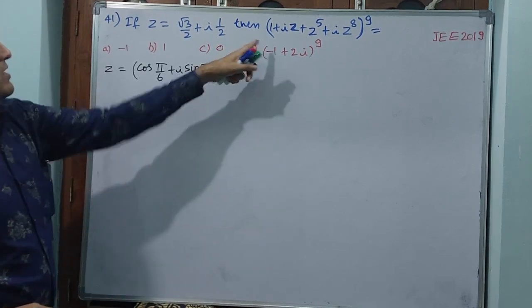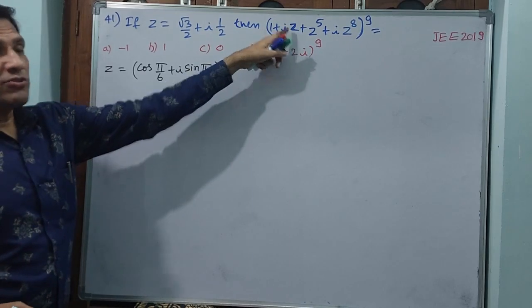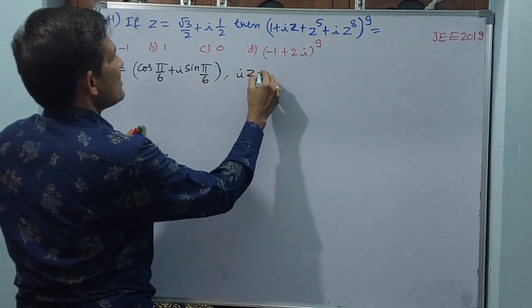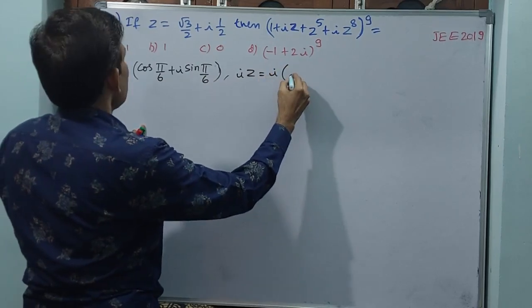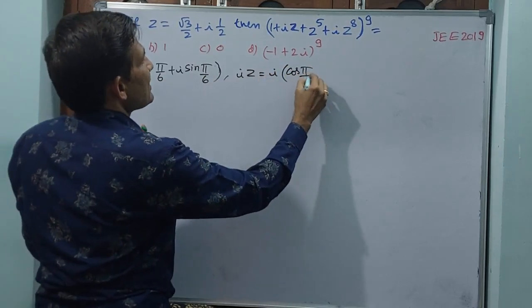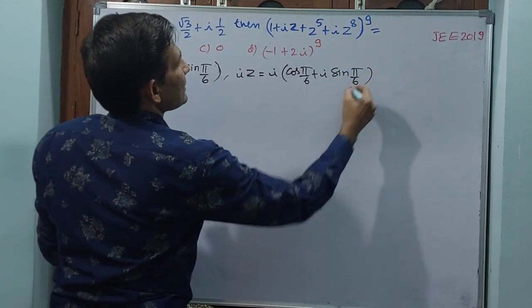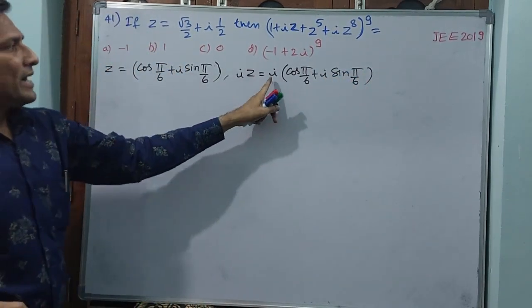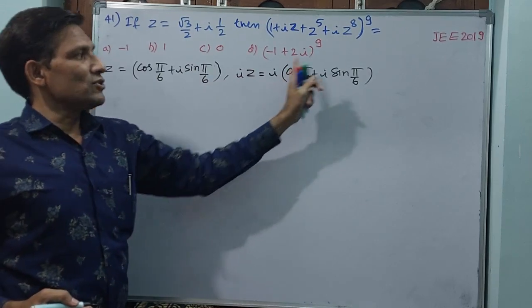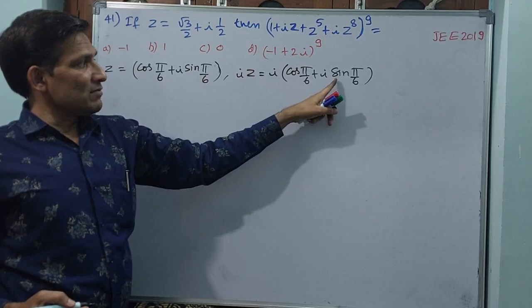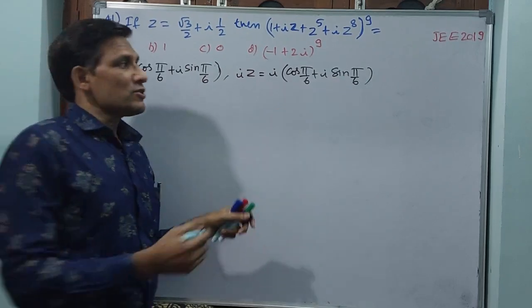And 1 you can add, that is not a problem, but i into z you have to find. See, this is z, so what is iz? Iz means i into (cos pi by 6 plus i sin pi by 6). If you send i inside, i cos pi by 6 is going to become the imaginary part. I square is minus 1, so minus sin pi by 6 is going to become the real part.